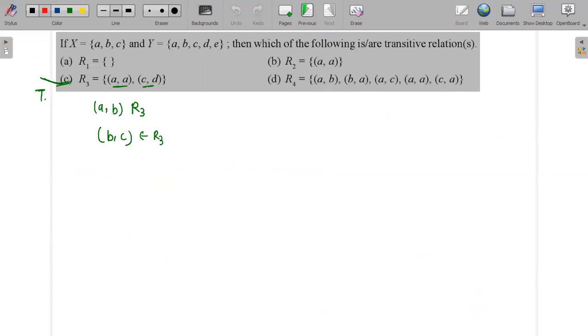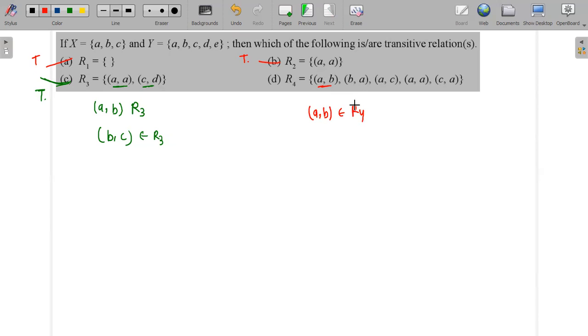Your empty relation will always be a transitive one, just like it is a symmetric one. If we don't have any ordered pair, if we don't have any elements, then you have to declare your particular relation is transitive. But what about D then? In D, element A comma B is there. So you need to check whether B comma A, whether the way A comma B is related, A comma B belongs to relation R4.